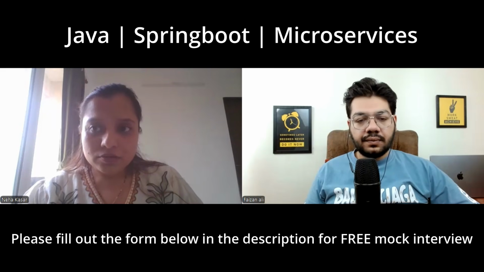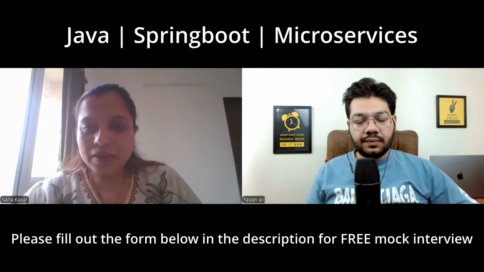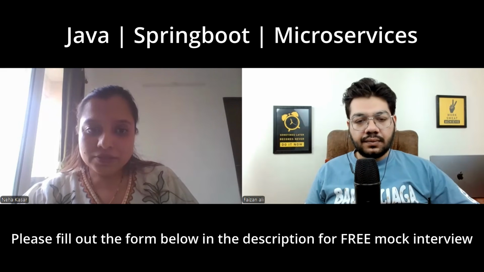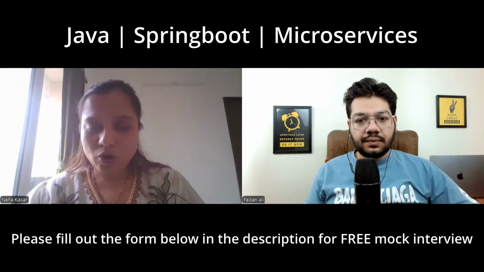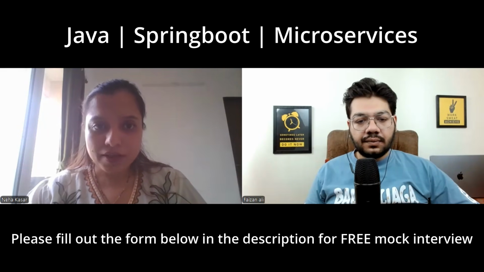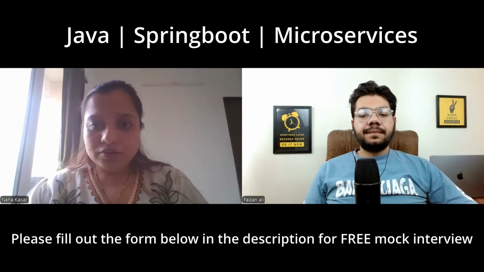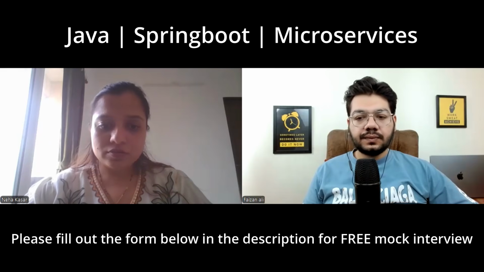We get an embedded Tomcat server, and we also get database connectivity automatically. In the properties file, we mention the database username, password, and URL, so it will get connected. That is how auto configuration works.